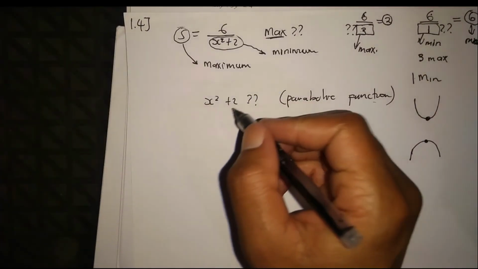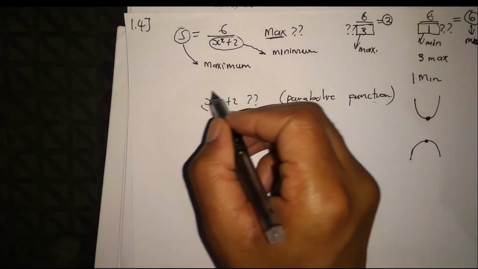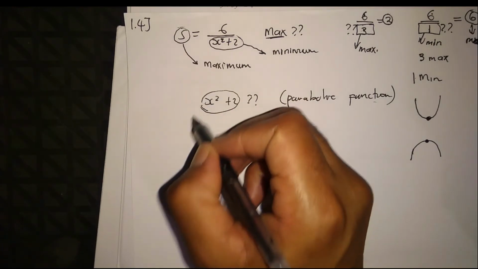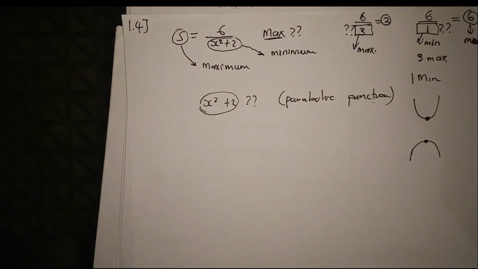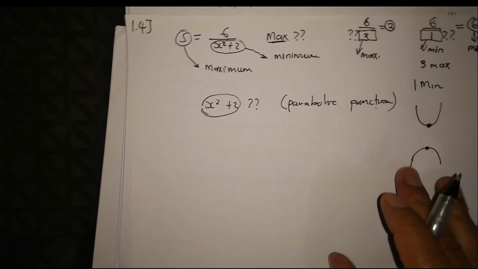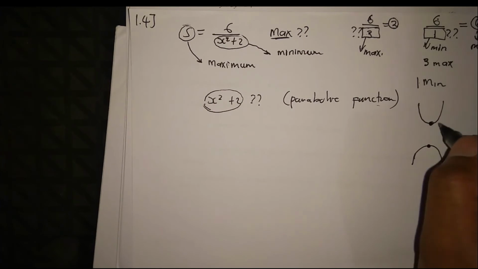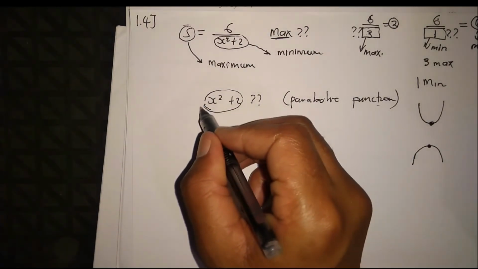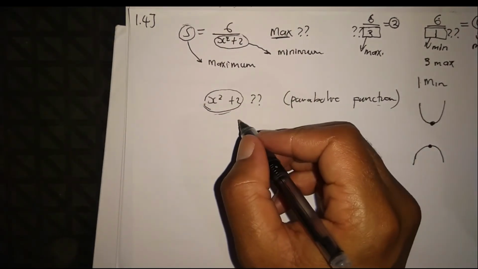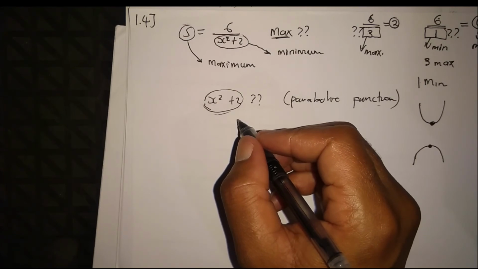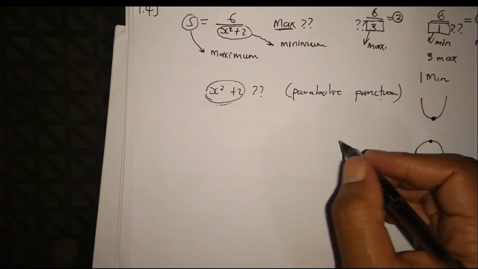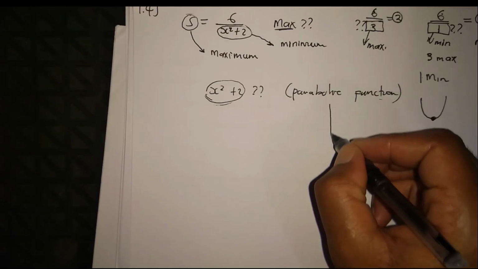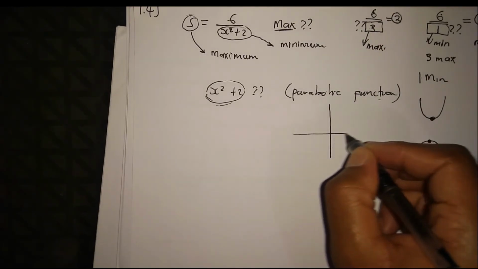We want the minimum value for this expression. How can we find that minimum value? Look, this function doesn't have x-intercepts, I think.